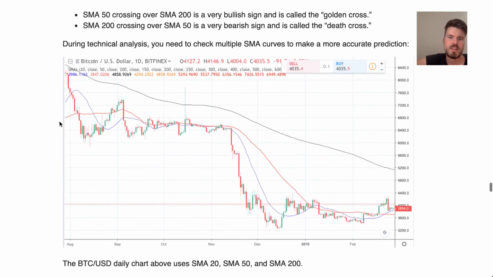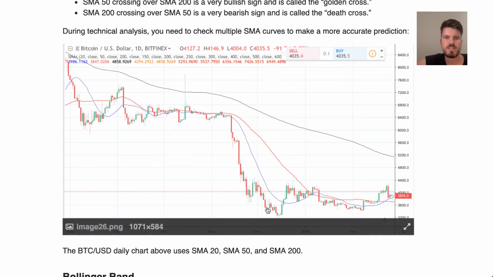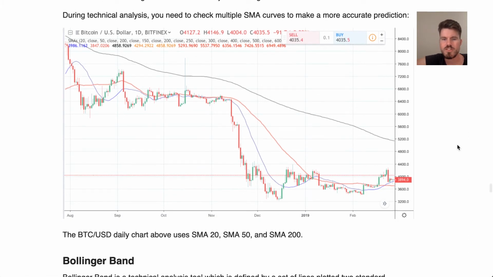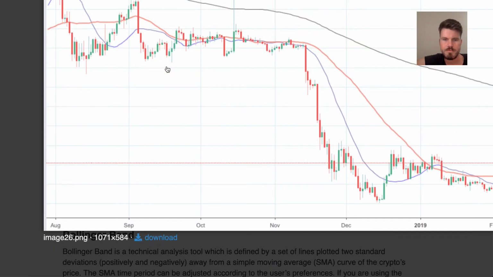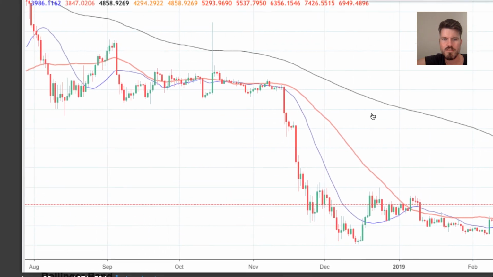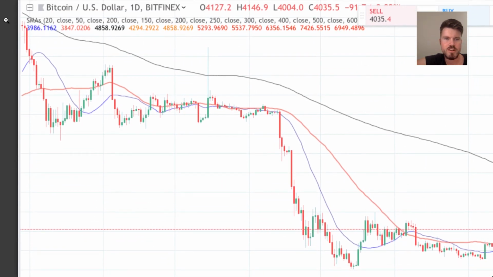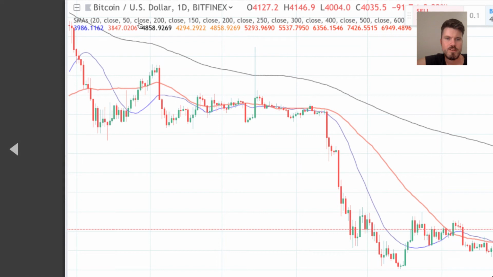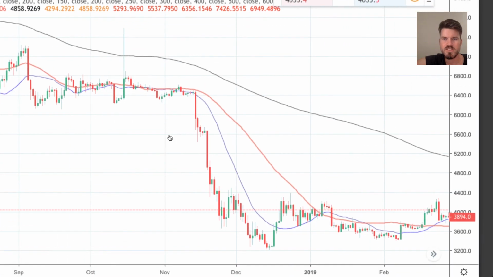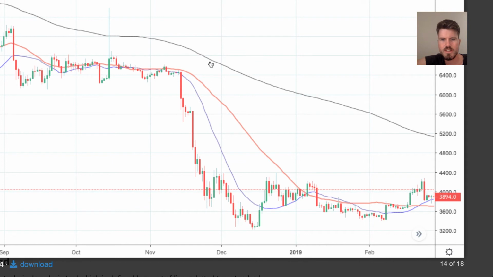During technical analysis, you need to check multiple simple moving averages to make a more accurate prediction. Here we've got an example with different moving averages: the 20 moving average, the 50, and the 200. As you can see here, the dark green moving average, which is very slow, is above all the other moving averages, and this indicates that we have a long-term bearish trend.